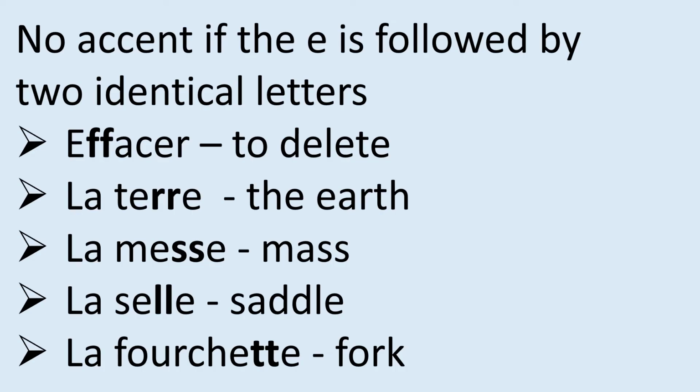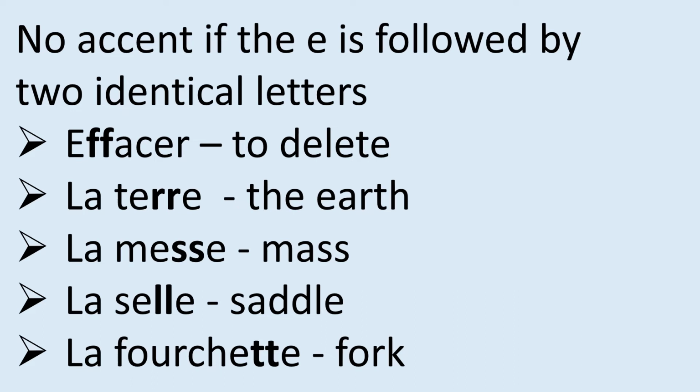And to finish, I would like to say that there's no accent if the E is followed by two identical letters. So we have effacé. So we have the sound E, but we're not going to have the acute accent because of the two Fs. And effacer means to delete.